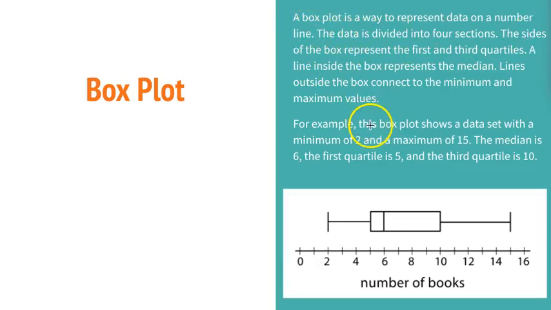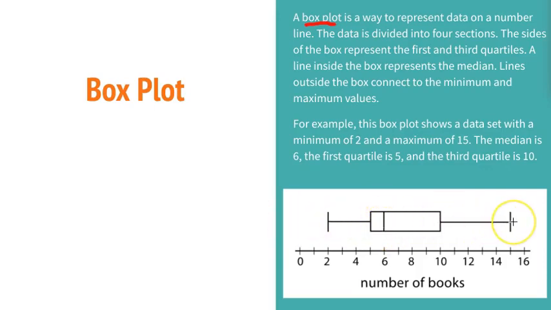All right, so you should have some of this from before, but a box plot is a way to represent the data on a number line. Data is divided into 4 sections. The sides of the boxes are the first and third quartiles, which we talked about, how that's the median for that half of the data, and this is the median for this half of the data, and the line inside the box is the median.